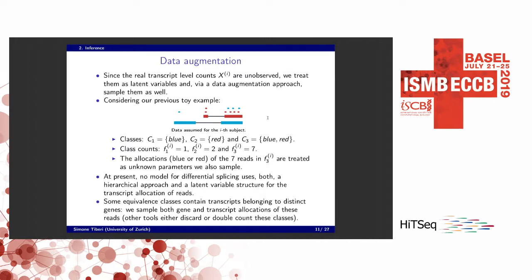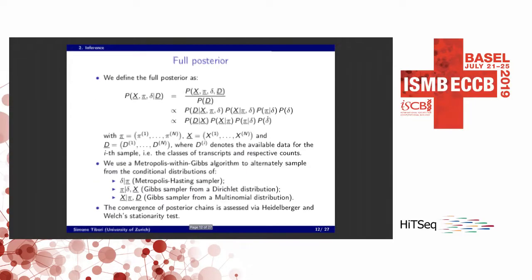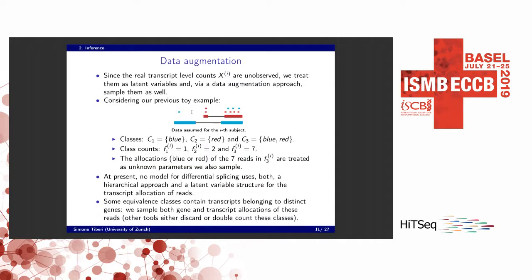Yeah, absolutely. The point is that here I didn't show you the actual probabilities, but definitely we use the full information, so all the reads. In this case, it's trivial because you know the transcript they belong to. In this case, it's a little bit more challenging.